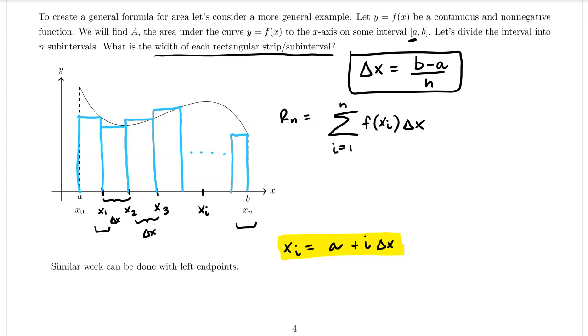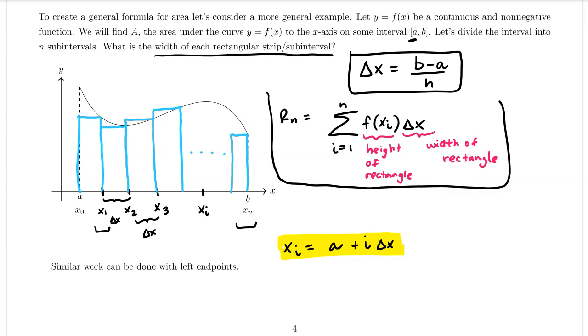So this represents the height of my rectangle, and then delta x represents my width of the rectangle. So that is the formula that we are looking for in terms of r sub n.